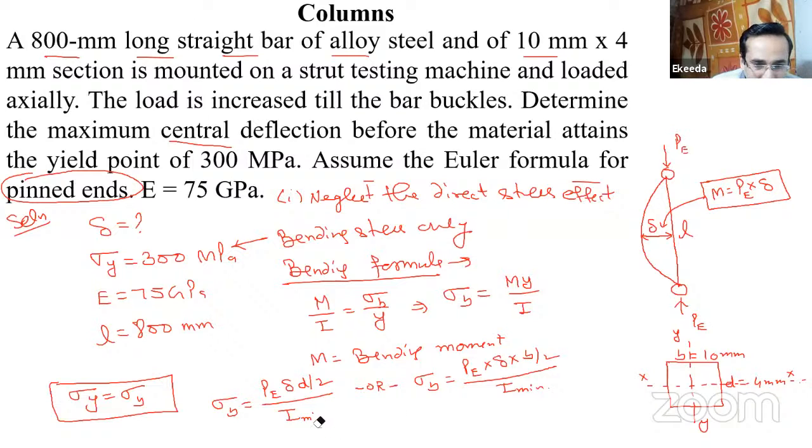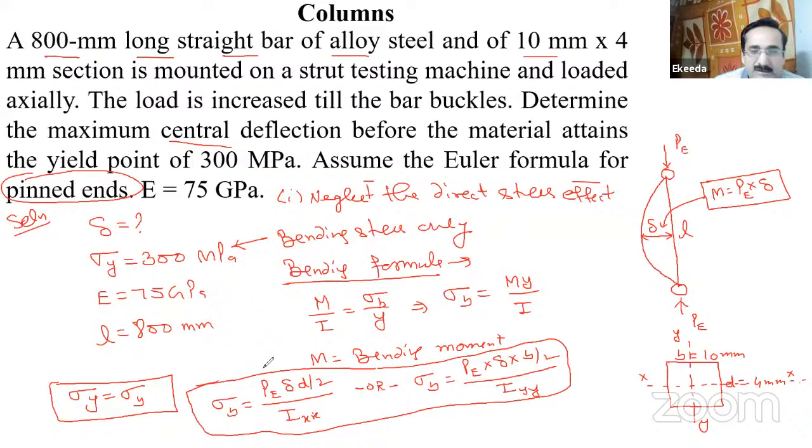So this is I minimum, meaning I x or I y, right? Out of these two, one will be the case, right? So this is basically Ixx, and this is Iyy. So we have to check first about which direction the moment of inertia is minimum. So out of these two, we have to take that case only, right?